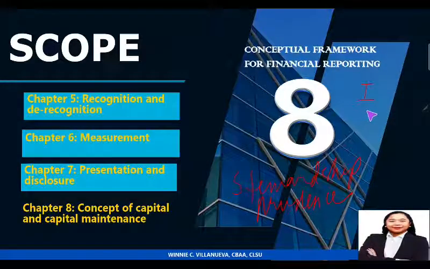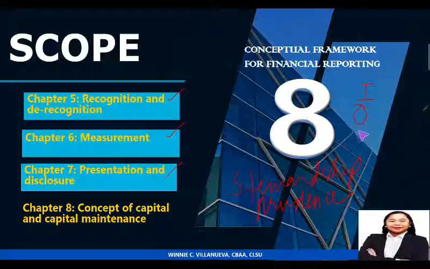I, yung incomplete. At ano yung incomplete? Ano yung improvement, main improvements to fill in the gap? Measurement, presentation. Okay? Then, out of date, it would be recognition at saka elements. No?